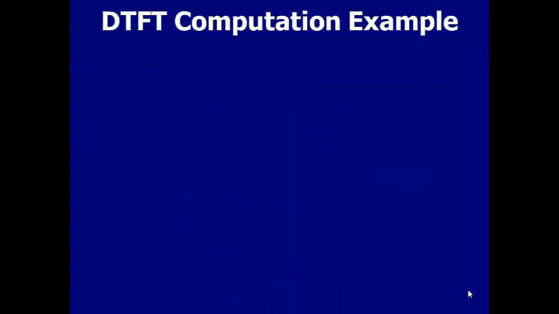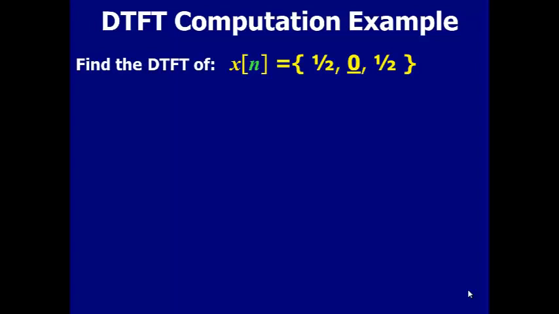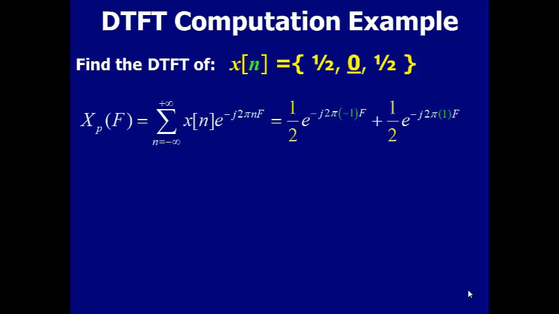Okay, a couple more easy ones. Here's an unexpected one. Here's a three-number sequence, 1/2, 0, 1/2, and we can find the discrete time Fourier transform of that simply by plugging it into the expression, summation of x of n e to the minus j 2 pi n f. I have only two non-zero values.